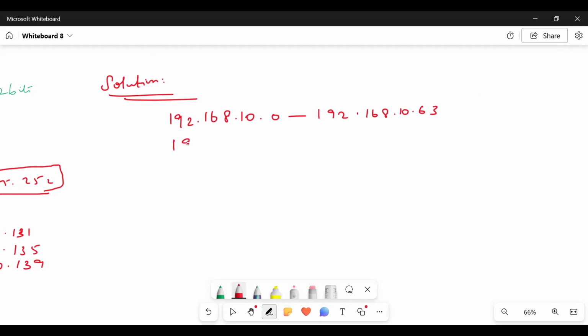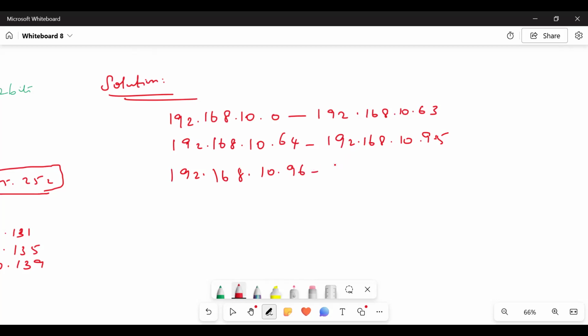And second, 192.168.10.64 to 192.168.10.95. Next, 192.168.10.96 to 127.